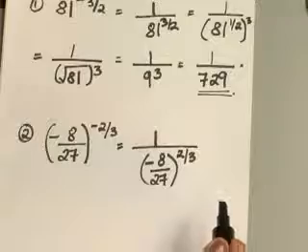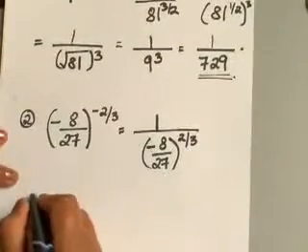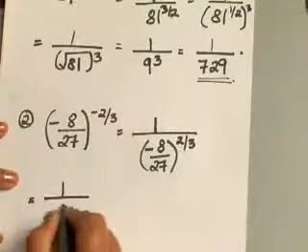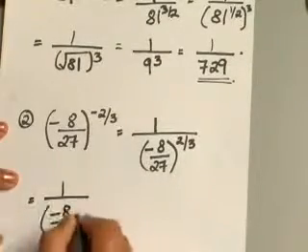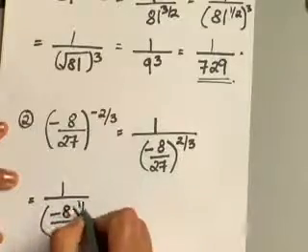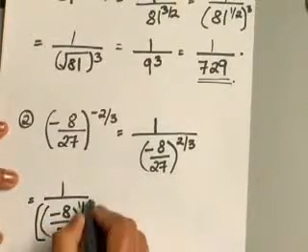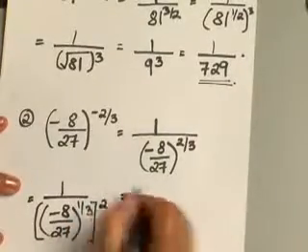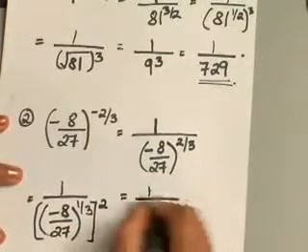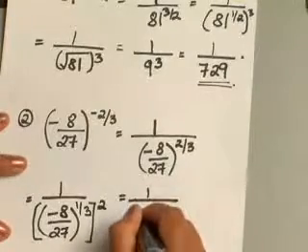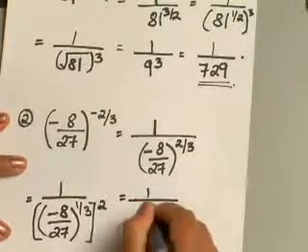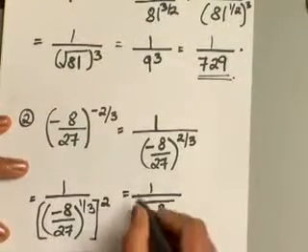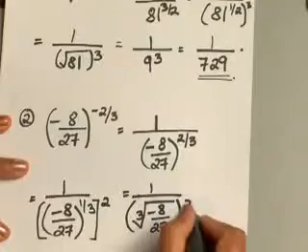Okay, so just like we did earlier, 1 over, you can write this as negative 8 over 27 to the third power, and the whole thing to the second, which will give you 1 over the cube root of negative 8 over 27, for the 1/3, and then this whole thing to the second power.